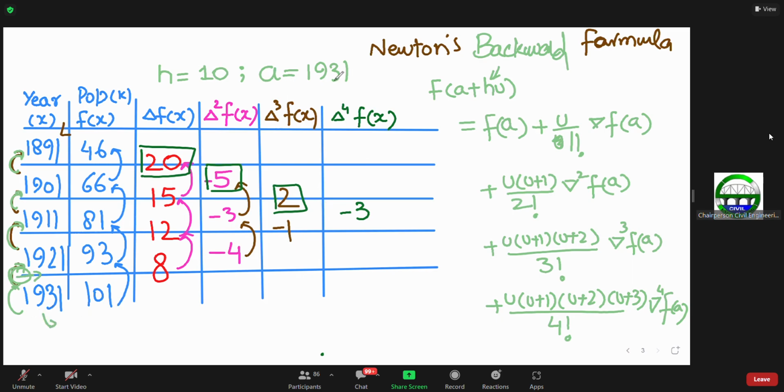So a will be 1931. And now if you want to find a plus hu, it should be equal to what? Because 1925, we have to find the value. So a is equal to 1931 plus 10u is equal to 1925. Can anyone get the value of u from here?